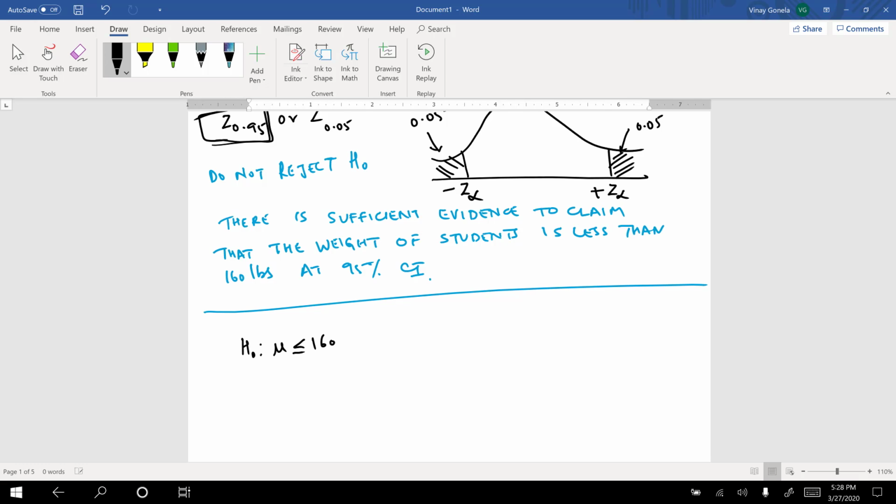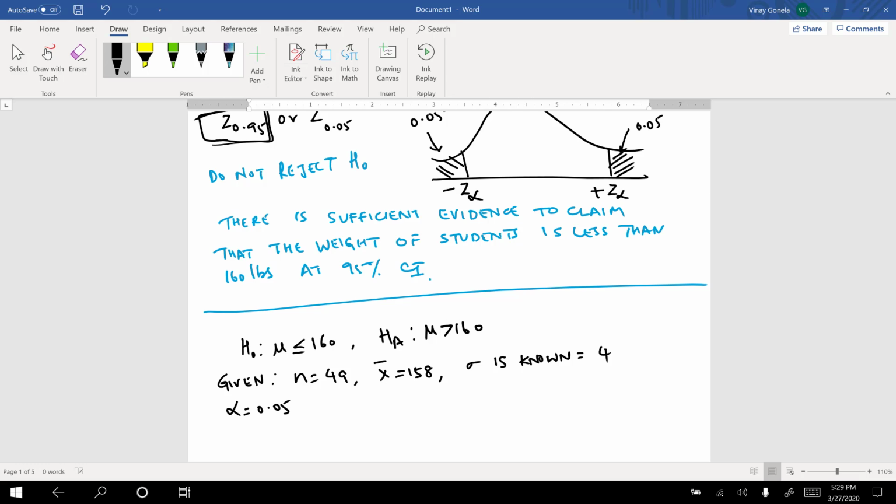Then our alternative would be mu greater than 160, and our data will be given. n is given as 49 in our problem, X bar was 158, sigma is known and equal to 4, and our significance level alpha is 0.05.